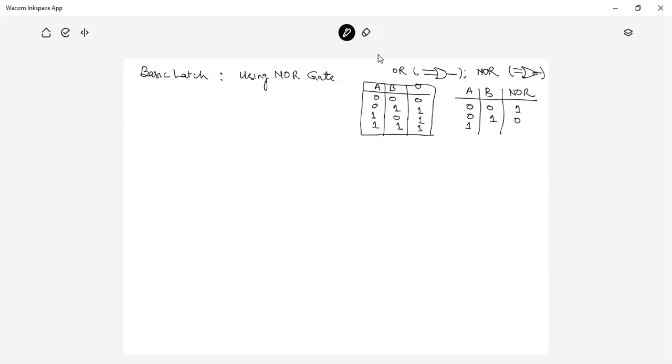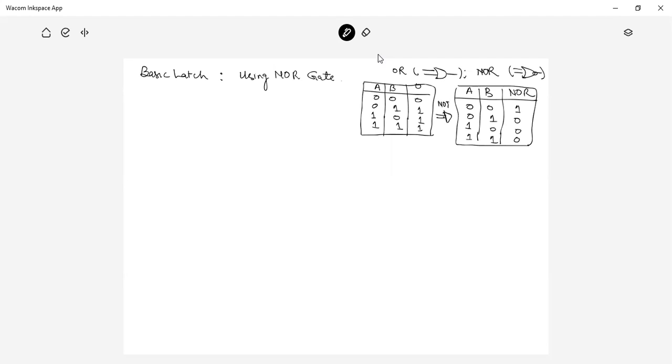If it is 1,0, it is 0. If it is 1,1, then it is 0. So this is the truth table of the NOR. So what we find from OR to NOR is that there is a NOT gate at the output.